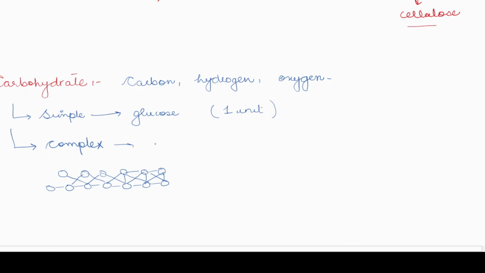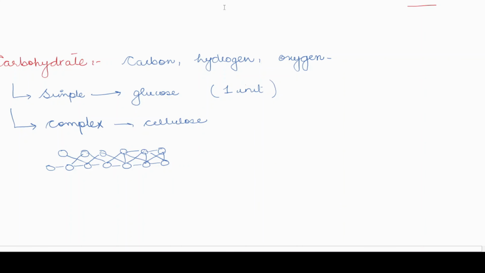So cellulose is a complex sugar in which many units are combined with each other, and these units are the simple ones, let's say glucose. There is one other term that we need to use. In simple sugars, we may have a 5 carbon sugar, because you need to know the name. This one is ribose. This is present in DNA.